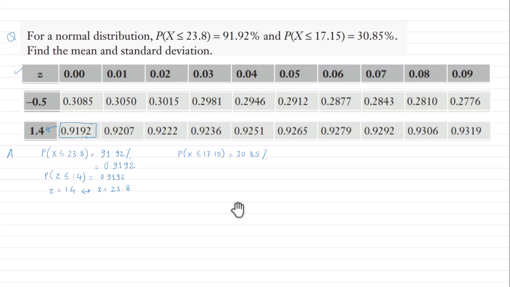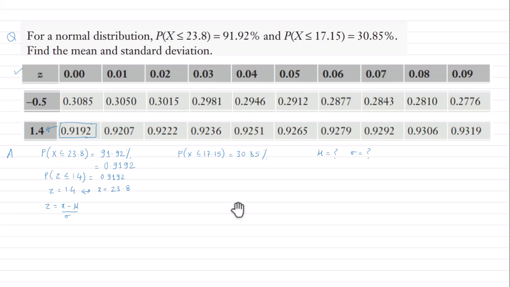Now, if you recollect the relation between Z and X, Z is given as X minus mu, which is the mean, over sigma. Let me also capture on the right hand side what is the requirement. The requirement is we have to find out mu, which is the mean, and also the standard deviation, which is sigma. Two values we have to find out.